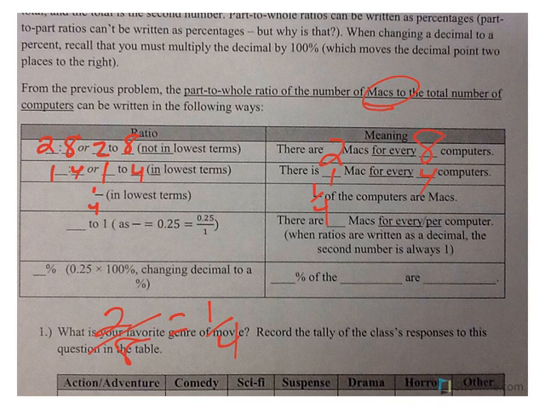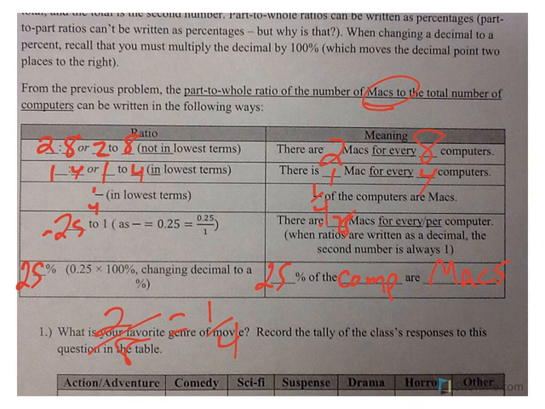Now, we can take that fraction, divide it, and we would get 0.25. So 0.25 to 1. There are 0.25 Macs for every computer. Change that to a percent, you get 25%. So 25% of the computers are Macs.